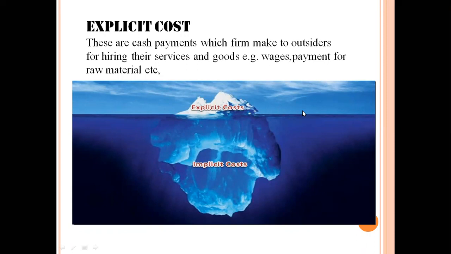For making the remotes in my factory, definitely I need to get the raw material prepared before making the remote, so that I can finalize the production. For example, I need to get the rubber, the plastic, some screws, and various other raw materials. For purchasing that raw material also you are paying the money to outsiders. That is known as explicit cost.